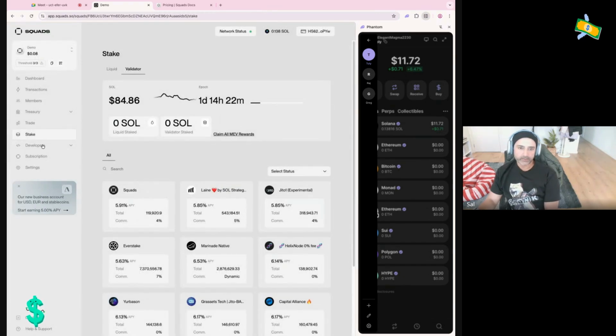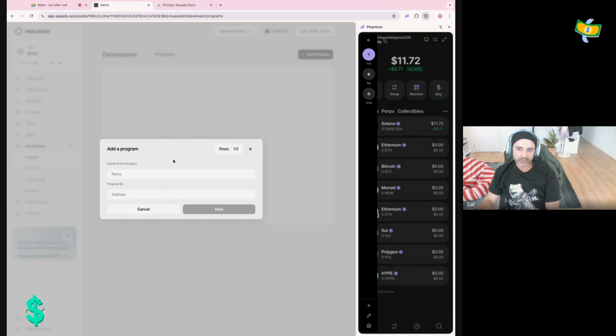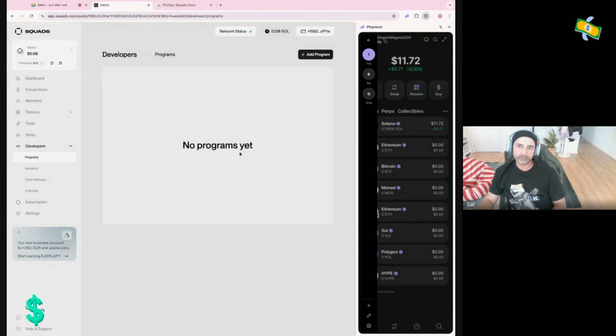Okay. Now here's the fun stuff. A lot of programs on Solana are deployed using either a command line or a user interface that someone may have developed. But what a lot of people don't realize is that the program that you deploy on chain, similar to the issue that happened with Drift, was or could be controlled via a multisig, right?